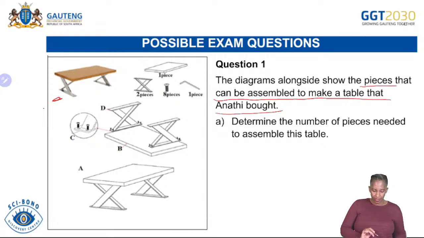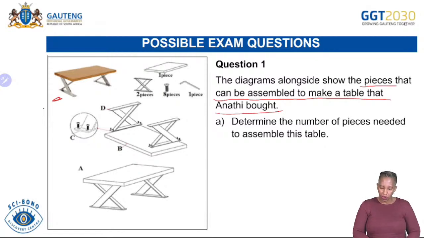Now, boys and girls, you go through the instruction. Remember, we have a box here, and as we take it out, there are pieces given to us. It says determine the number of pieces needed to assemble this table.